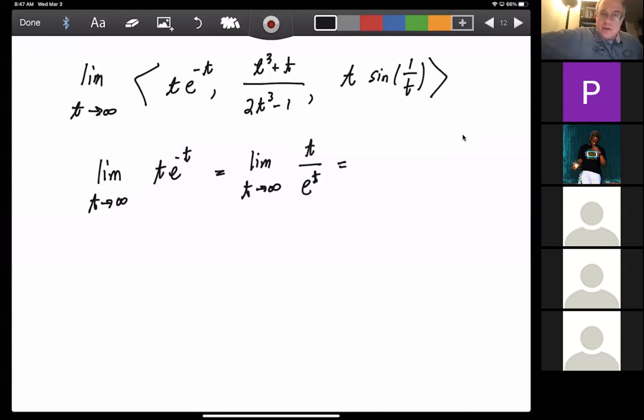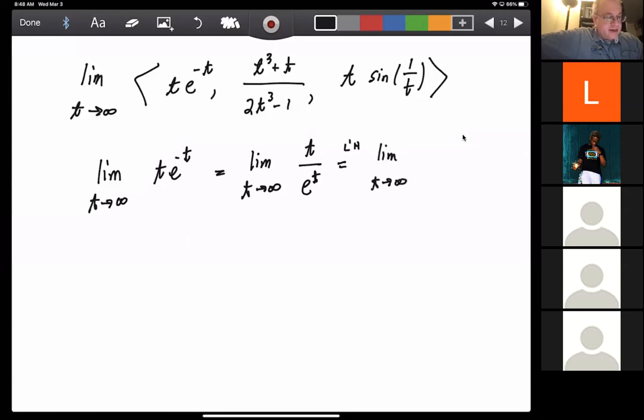All right, so who can tell me how to deal with this limit? Any ideas? So this is an indeterminate form of type infinity over infinity. What are we going to do with it? L'Hopital's. Excellent. L'Hopital's rule.